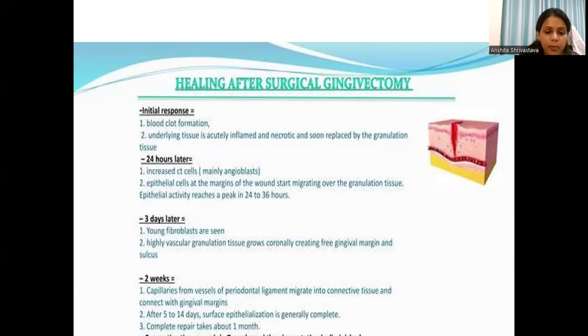Young fibroblasts are formed, and highly vascular granulation tissue grows coronally, creating the free gingival margin and sulcus. In 2 weeks, capillaries from vessels of the PDL migrate into connective tissue and connect with gingival margins. After 5 to 14 days, surface epithelialization is generally complete, and complete repair takes about 1 month. So this is about healing after surgical gingivectomy.